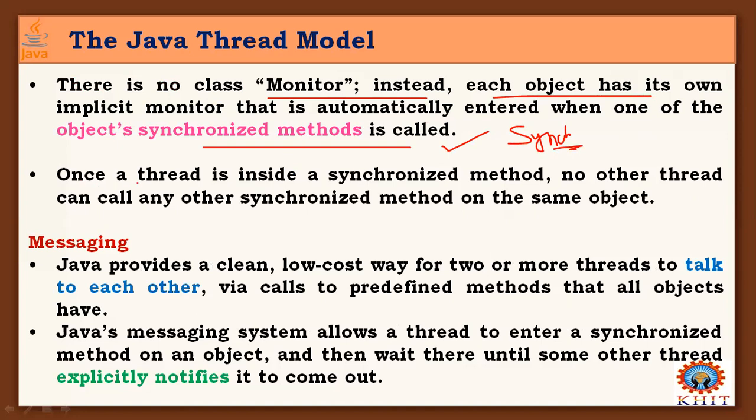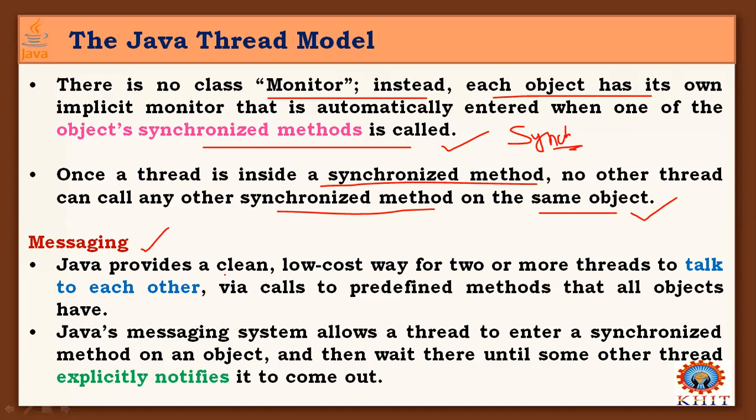And we know that once a thread is inside a synchronized method, no other thread can call any other synchronized method on the same object. This is the mutual exclusion. So this is the way we can get synchronization, and we will study it as a separate topic in upcoming videos. Next one is messaging.